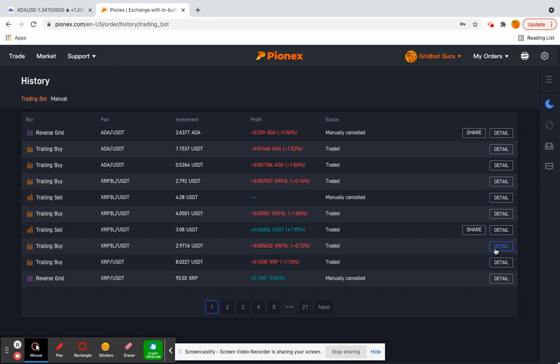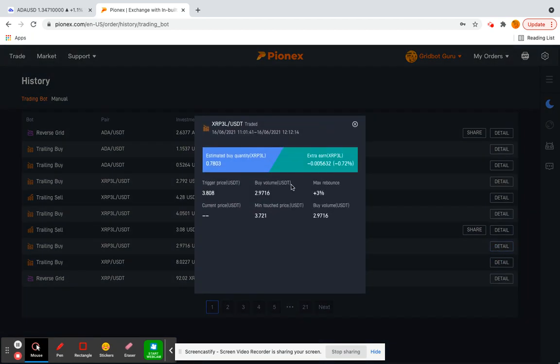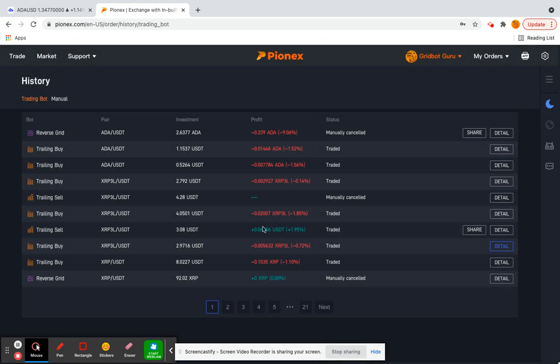A lot of them are XRP3L, and what I did was a 3% trailing buy or trailing sell. I made sure the trigger price was already at 3%. So when it started, I was already 3% in profit. So even though some of these are red, I'm fine with this.